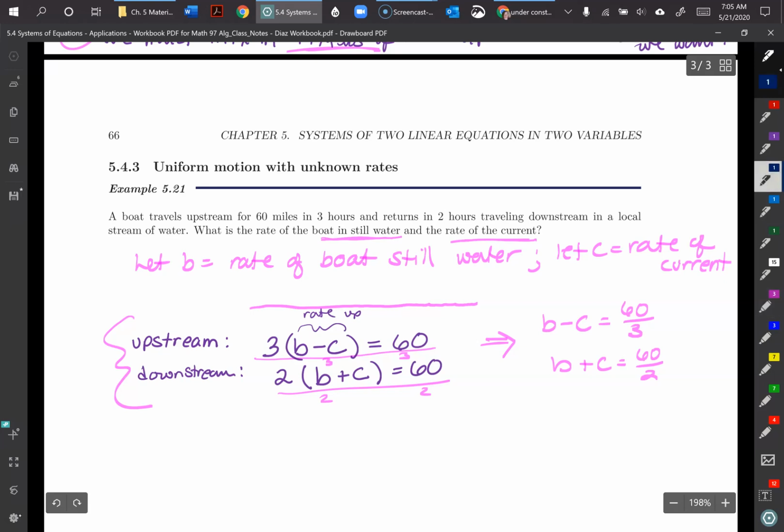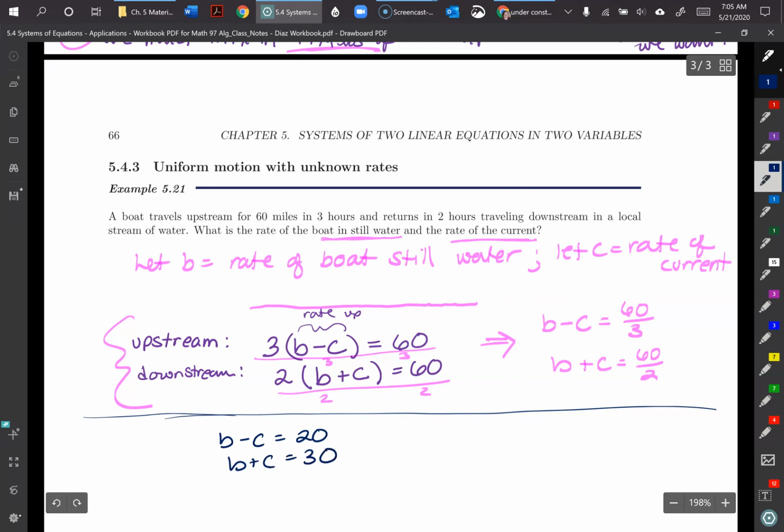Well, if I calculate that out, now I can do a nice little system here. I can have B minus C equals 20 and B plus C equals 30, which makes it really nice because then look at this. I have opposite coefficients already, right? So I can use adding.